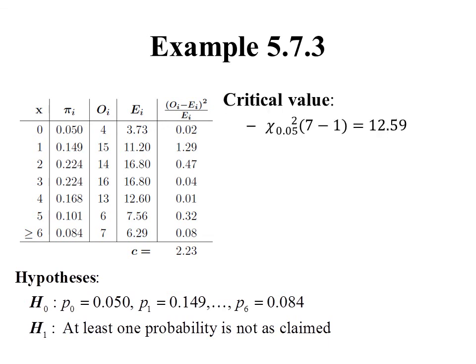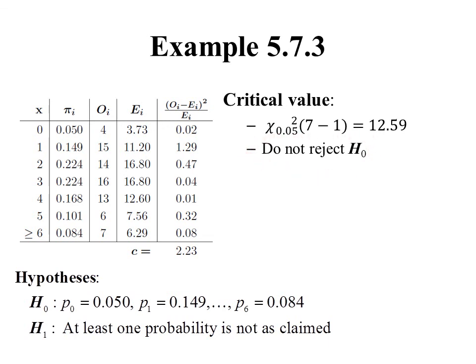And so for our critical value in this case, we'll use a 0.05 significance level. We have 7 categories, so 6 degrees of freedom. And if we look up that critical value, we get 12.59. So our test statistic 2.23 is much less than this critical value, and so the technical conclusion is that we do not reject the null hypothesis.